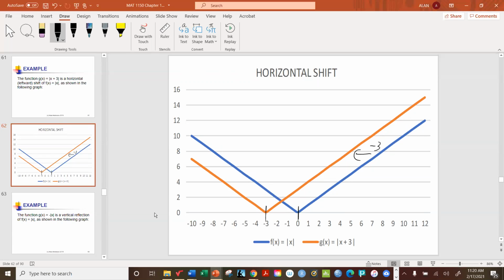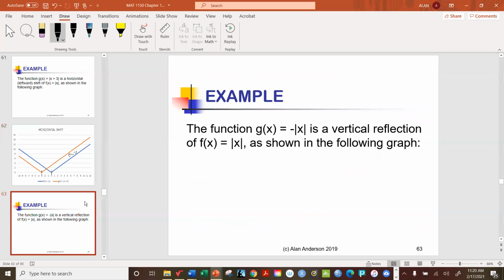Now we're going to try 2 more. We're going to look at a vertical reflection, which means we're just multiplying this. This is g of x is negative f of x.